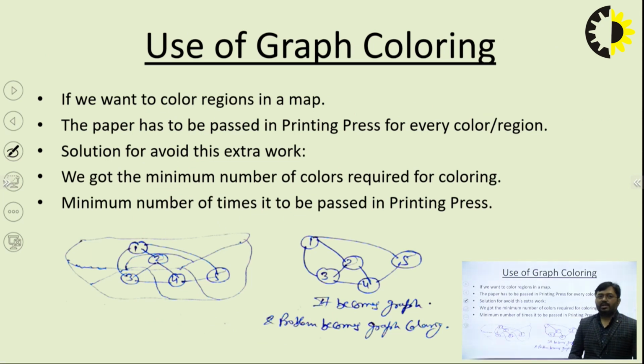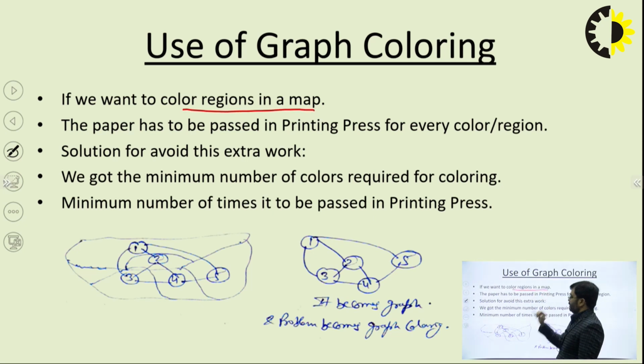What is the use of graph coloring? Graph coloring can be used for coloring the maps of any country or any region. If we want to color regions in a map, then we have some regions with their boundaries.